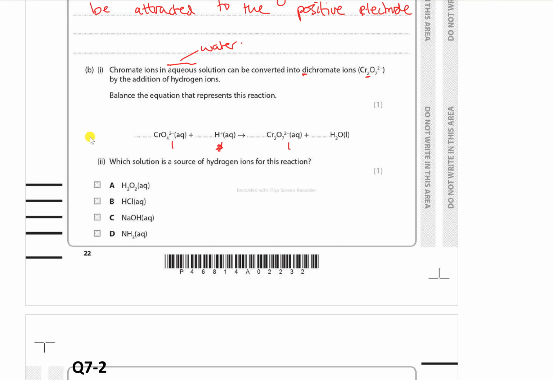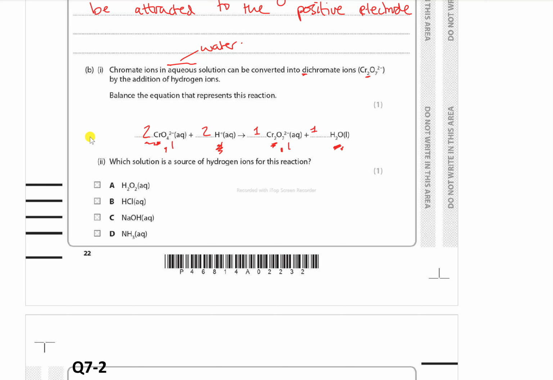We've got one hydrogen here, we've got two hydrogens here, we've got four oxygens here, we've got 7, 8, so I think we need a 2 here. We've got two hydrogens, so we're going to put a 2 here. We've got two chromiums, 1, 2. There, that's fine. We've got 8 oxygen, yeah, okay, it balances. And we don't need to put these two ones here.